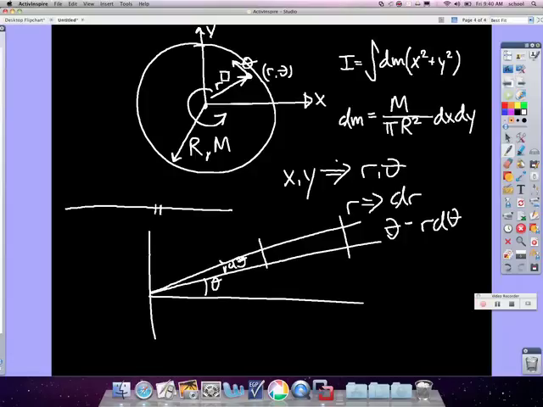So that's one conversion. So we can now write dm is m over pi r squared times r dr d theta. And so that's just substituting this relation in up here.